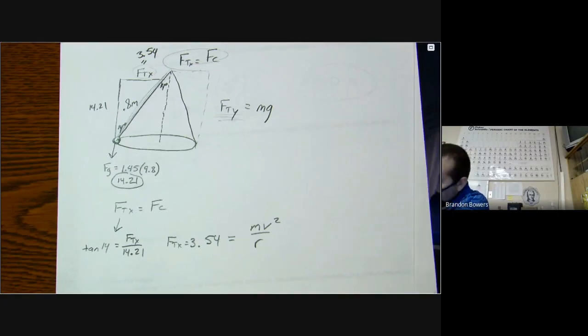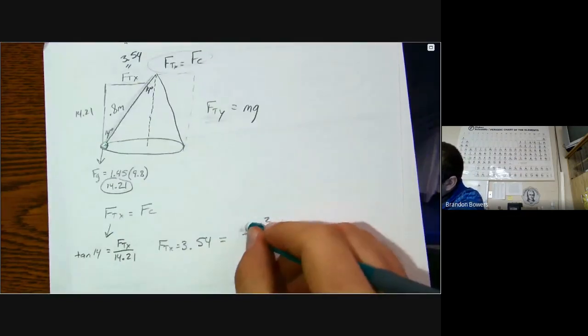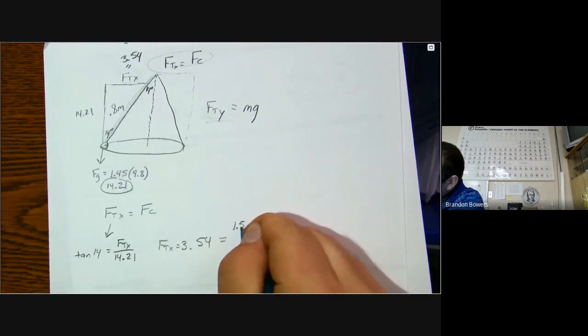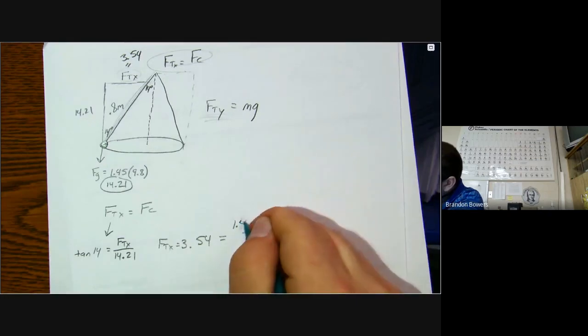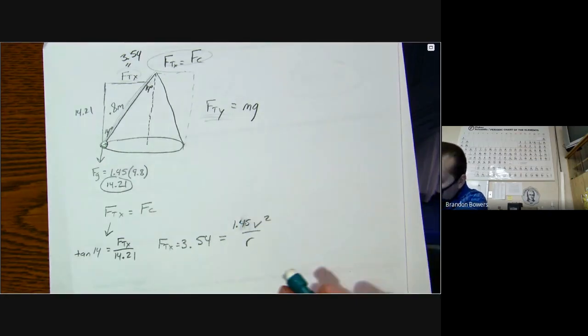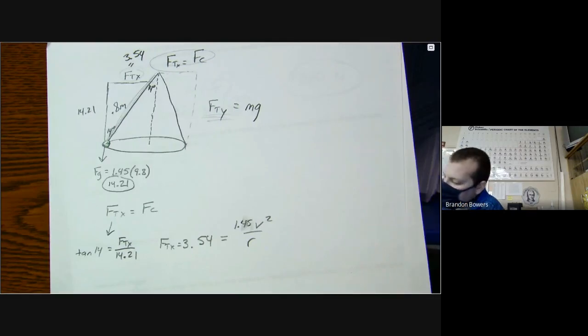So if I look at this, my mass is 1.45. And we don't know the other thing, but we can get there. So that's a decent amount of what I know.